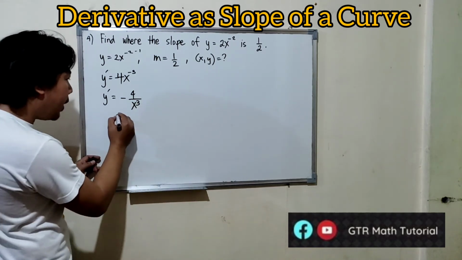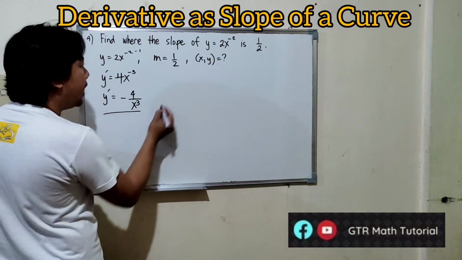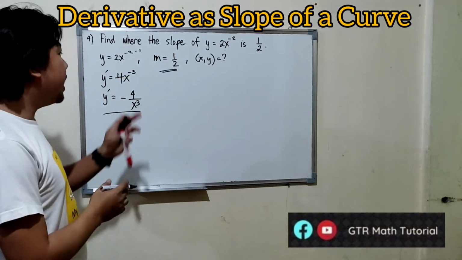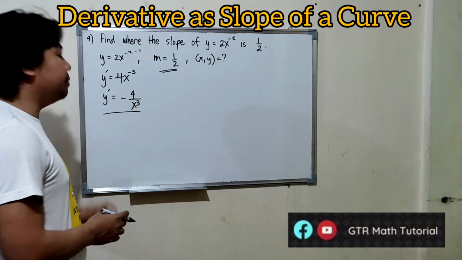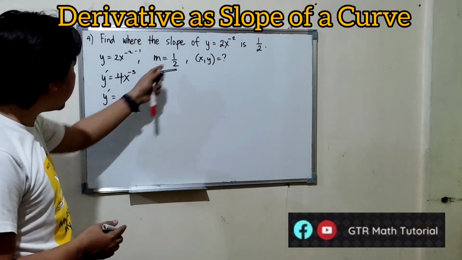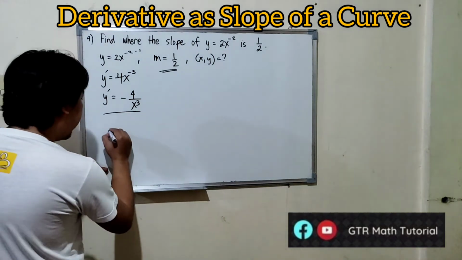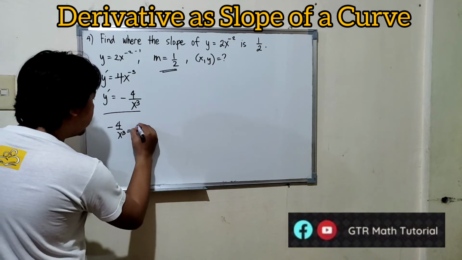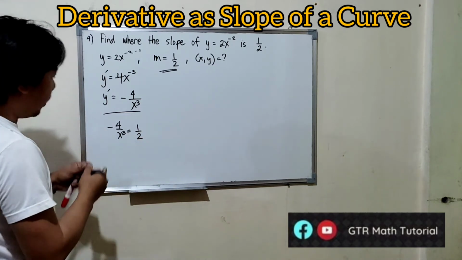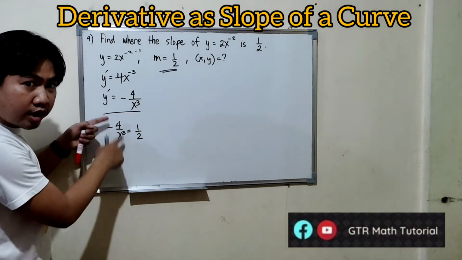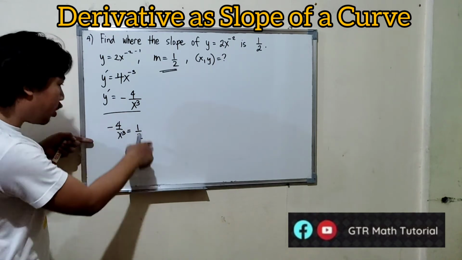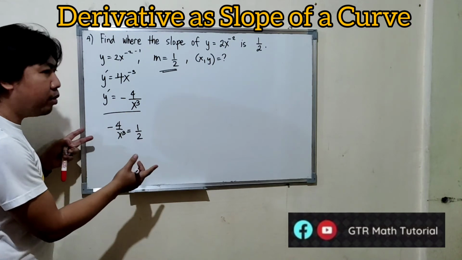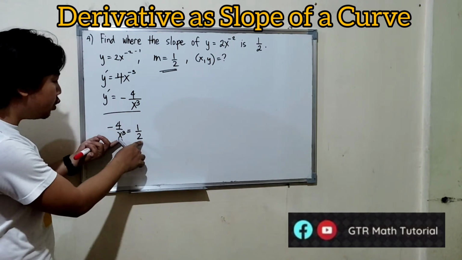Now equate the derivative and the slope, since by definition the slope of the tangent line is the derivative of the function. Equate and solve for x. So we have negative 4 over x cubed is equal to 1/2. Since we have two ratios, we can cross multiply, or multiply both sides by the LCD, which is 2x cubed.